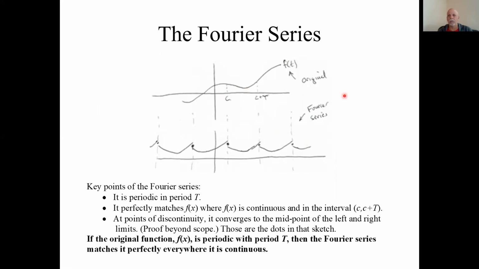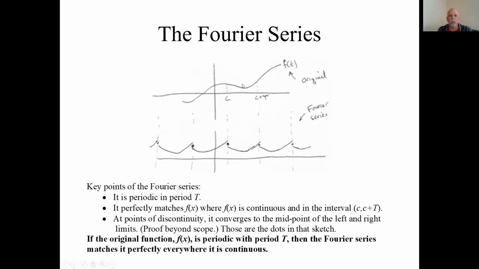So here's what's going on. Here's the original function. This thing would go inside that integral. And let's say we're only looking at the interval from C to C plus capital T. So just from here to there. Without doing any calculations, you can draw the Fourier series, what the function that it converges to looks like.